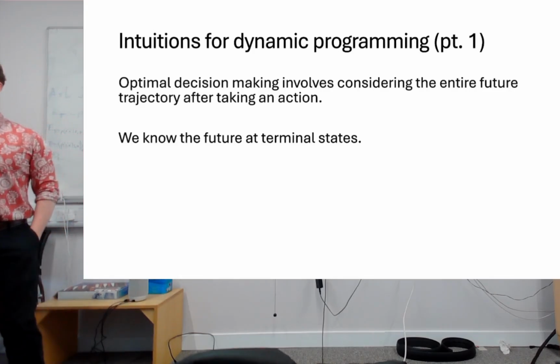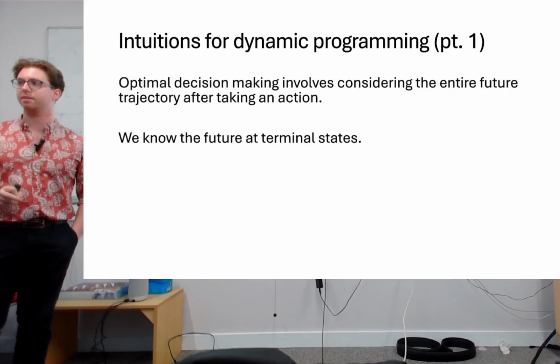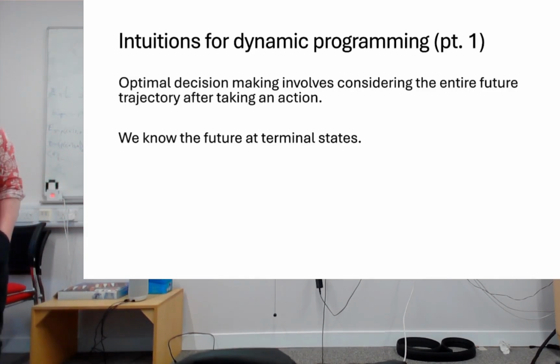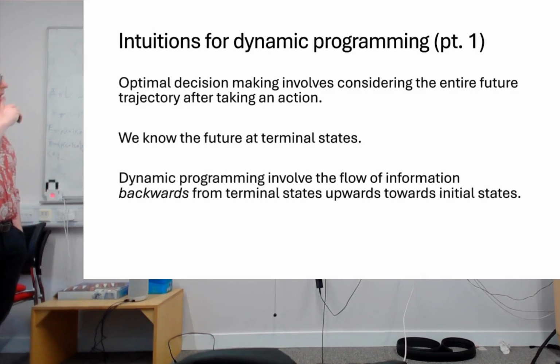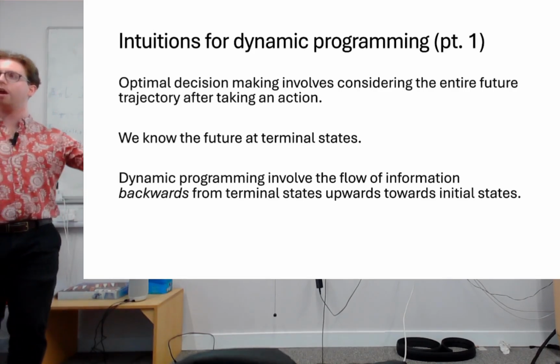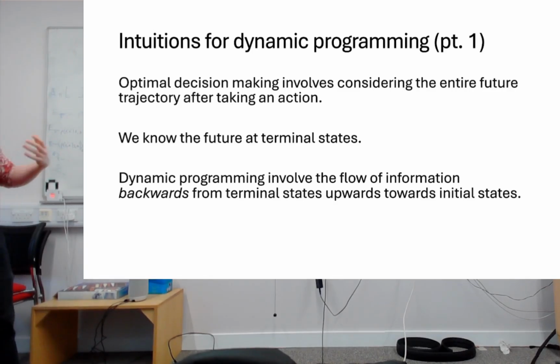At a terminal state, the future is nothing, right? I'm done. That's the end of the process. So I want to be able to compute things about the future, and I know the future at terminal states. And so what I can do is start with the fact that I know the future at terminal states, and I can recurse backwards. I can build backwards from those terminal states to find what's going to happen in the future from any state.